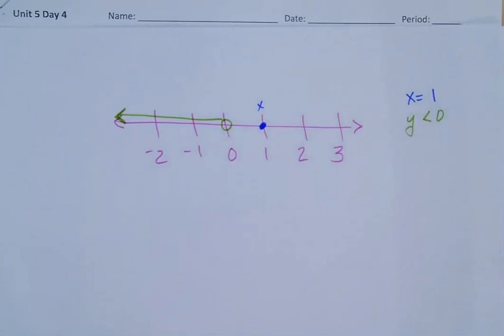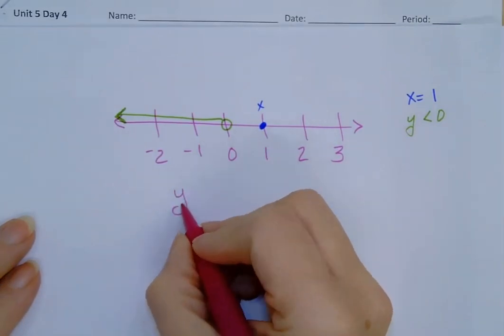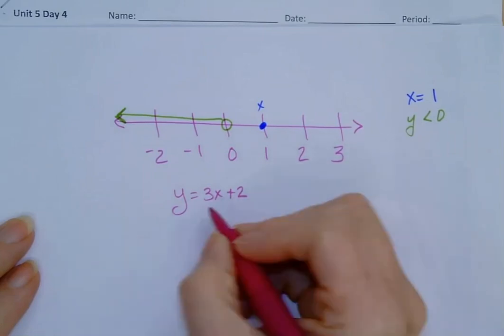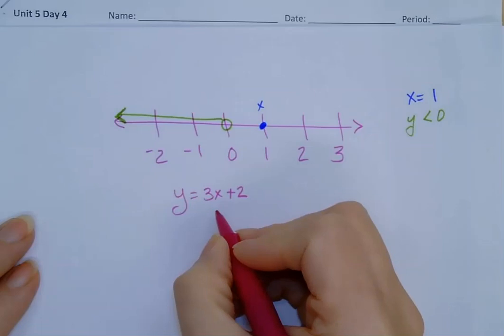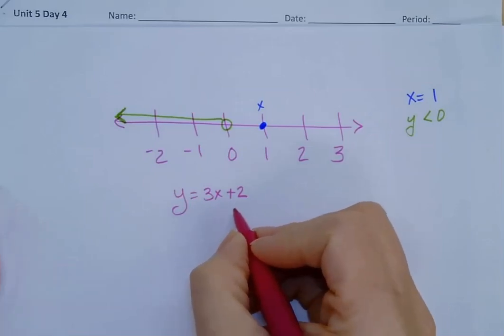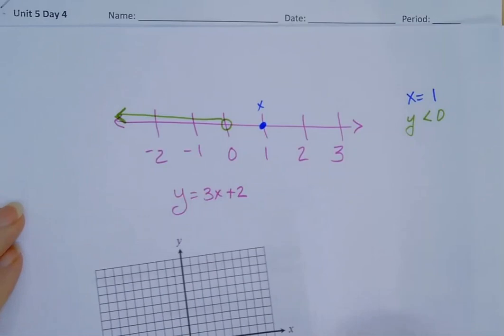So one more step into what we're going to be doing today. If we have an equation like y equals 3x plus 2, and we want to graph that information, this is a linear equation, and so it's going to give us a line to graph on a coordinate grid, a coordinate plane.